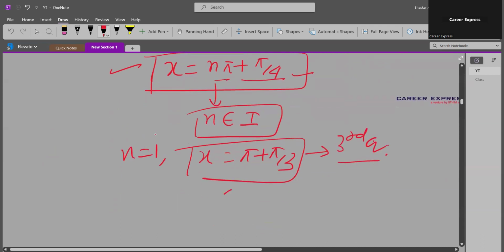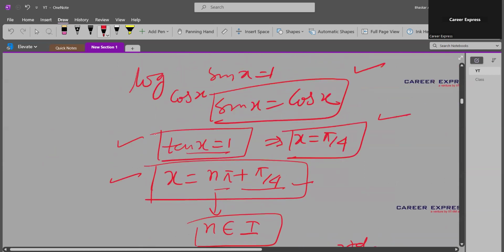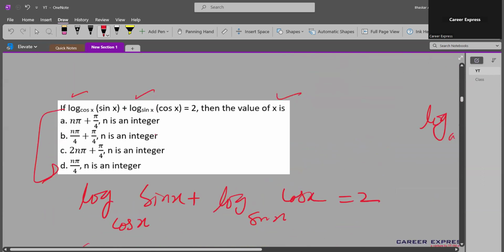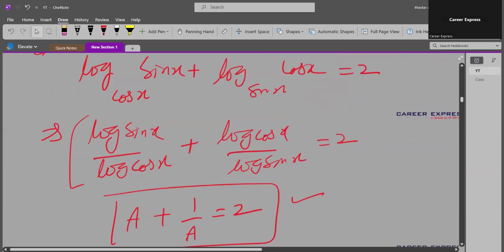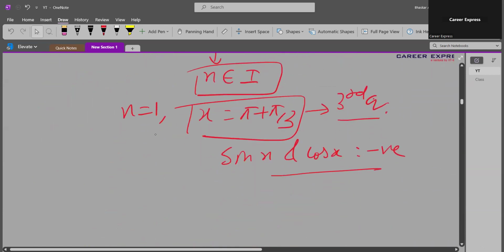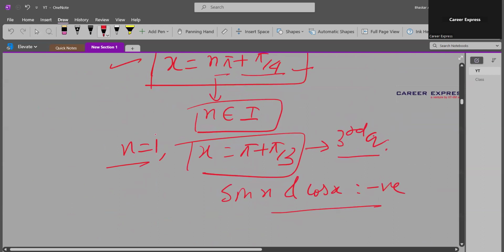In third quadrant, both sin x and cos x are negative. And if that is the case, we cannot use a negative value here in log. The base of the log and the argument of the log cannot be negative. That means n equal to 1 is not possible.